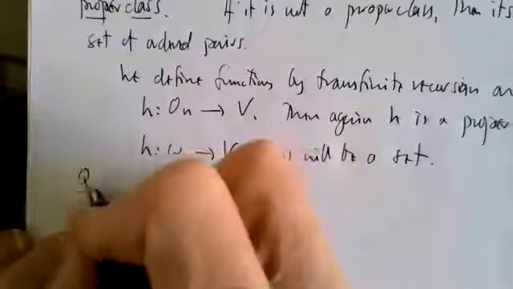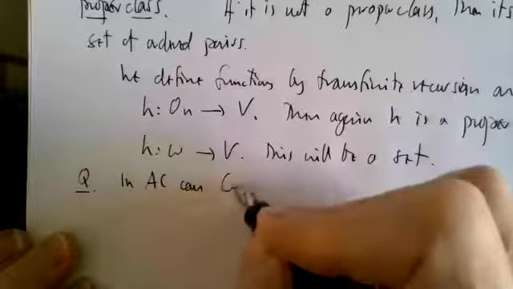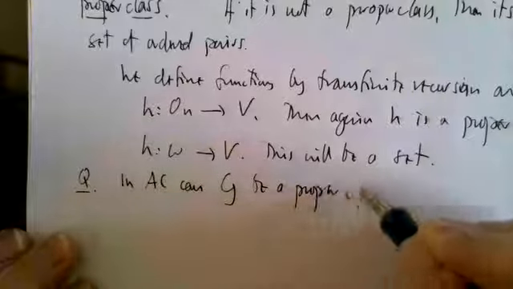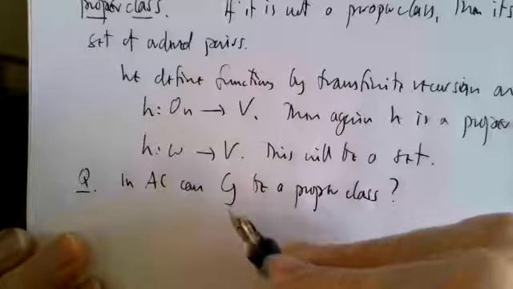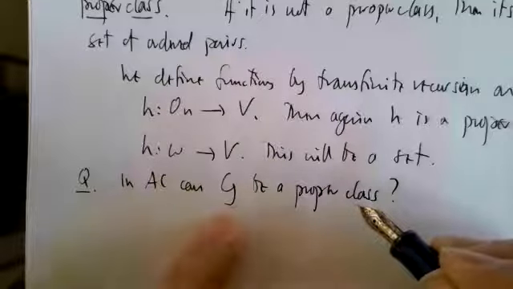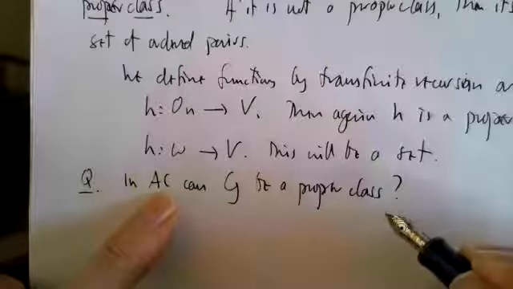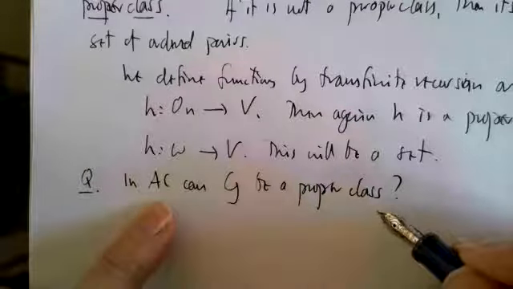Another question was, in AC, can the family G be a proper class rather than a set of sets? Right. Well, if you did that, you'd be asking for a stronger principle. And it can be shown that it's a strictly stronger principle.